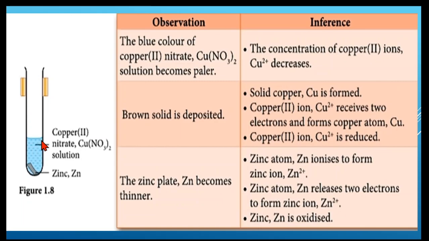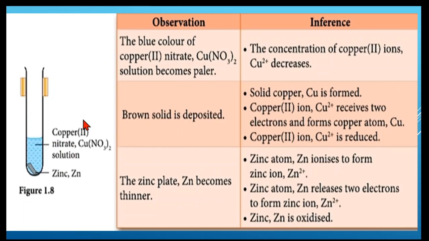Okay, and then what happened next is we add zinc. We add zinc metal here into the solutions of copper 2 nitrate. Okay, so what is the observation? The blue color of the copper 2 nitrate becomes paler.